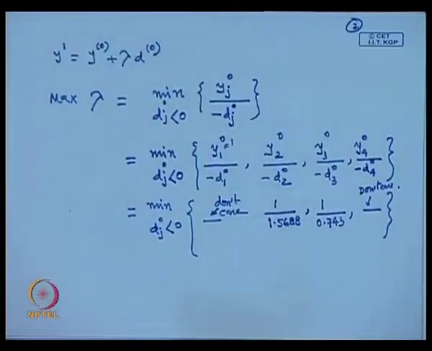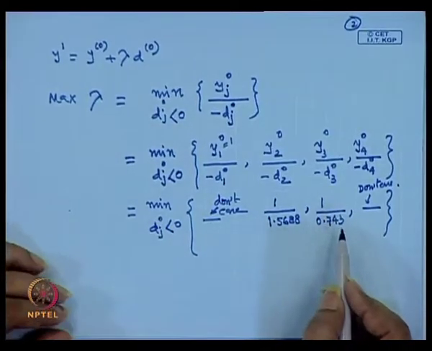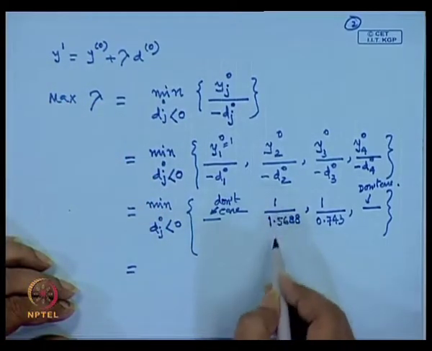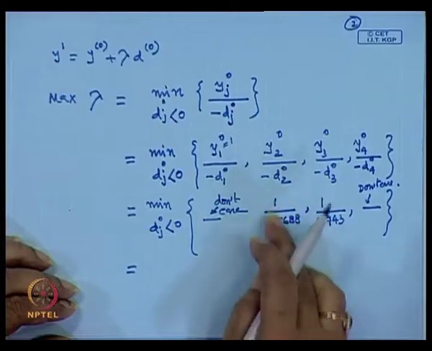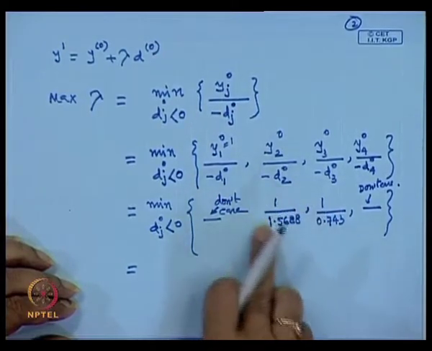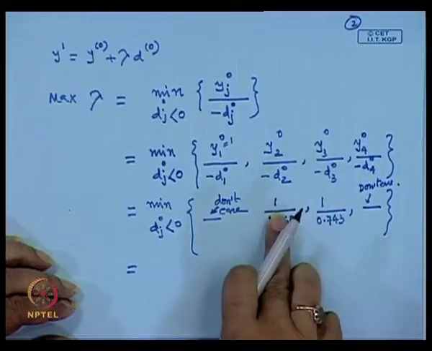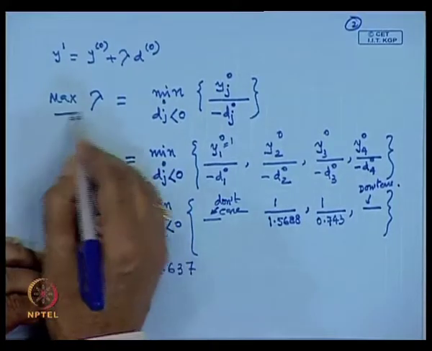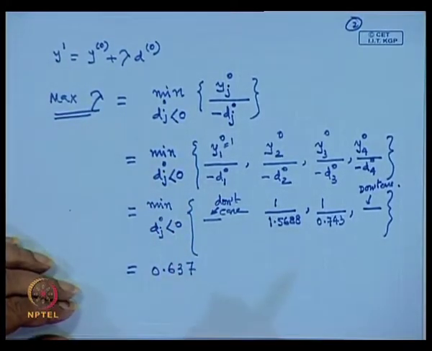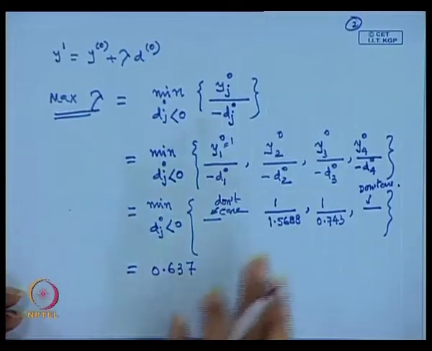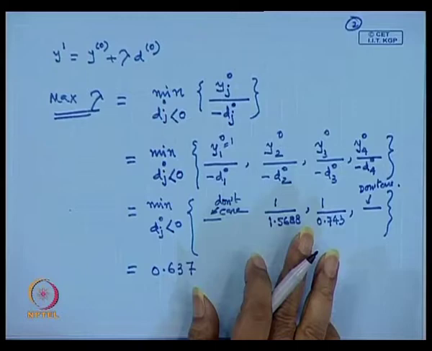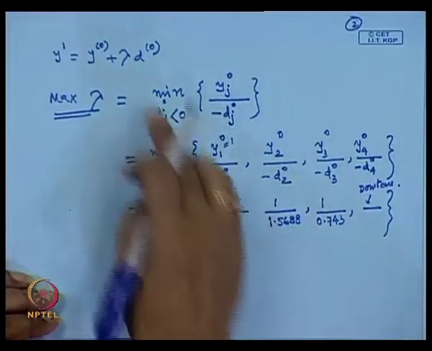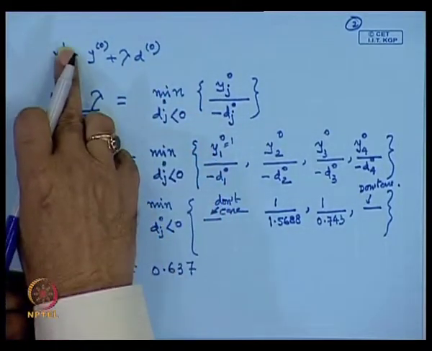So, out of this, which one is minimum, you have to take into account as lambda max. Now, see this one, whether this is the maximum or minimum, because 1 by this quantity gives the smaller value than this one. So, our value is 0.637. The lambda max value we will choose is 0.637, and if you choose this value exactly, we have seen earlier and explained that if you choose lambda max as this one, then one of the elements of y1 is 0.